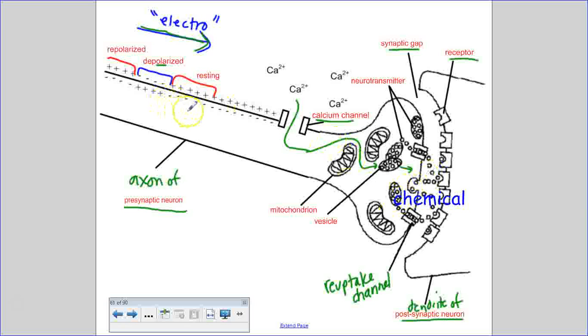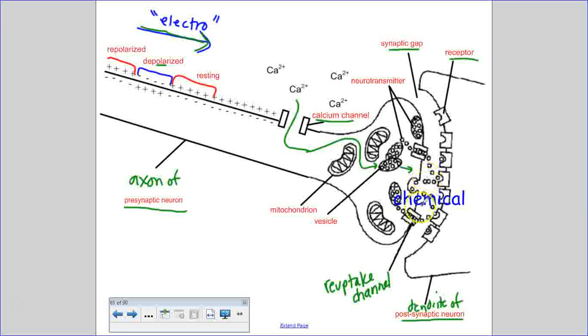We have to have clearing of the neurotransmitters for the next wave of polarization to have its effect. So for either turning on or turning off or intensifying the messages, you have to have clearing of the neurotransmitters. Now, there's a couple ways that happens.